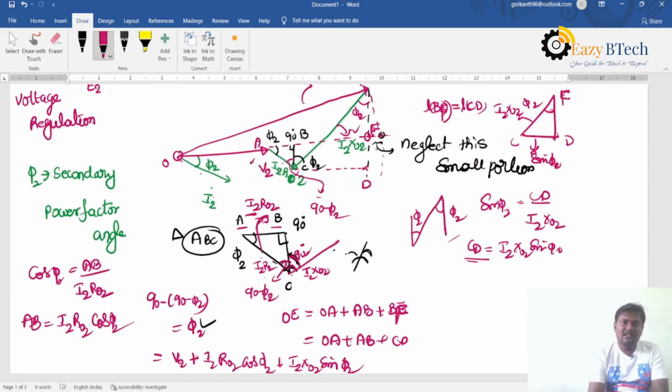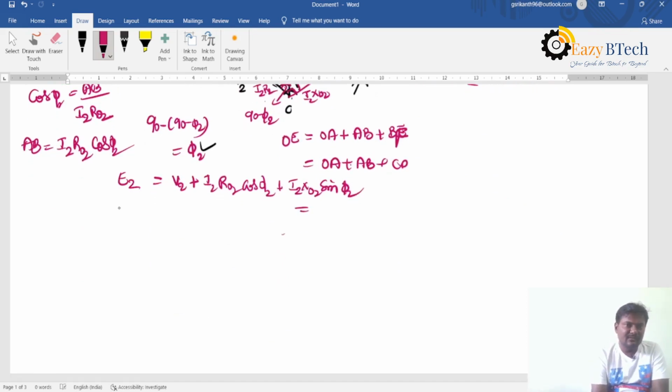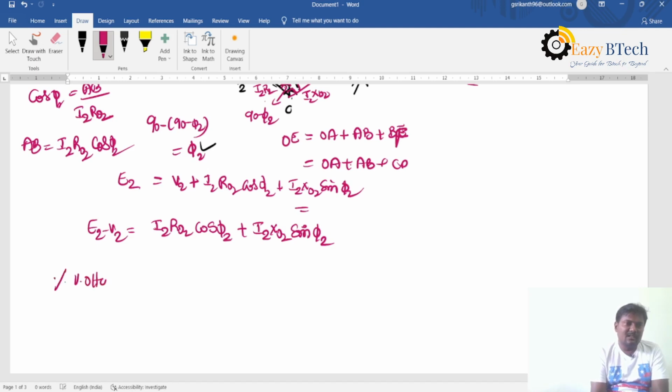The OE length is equal to OF length, by neglecting the small portion, that is called the E2. Now E2 minus V2 is equal to I2 R02 cos phi 2 plus I2 X02 sin phi 2. So what is the percentage voltage regulation formula?